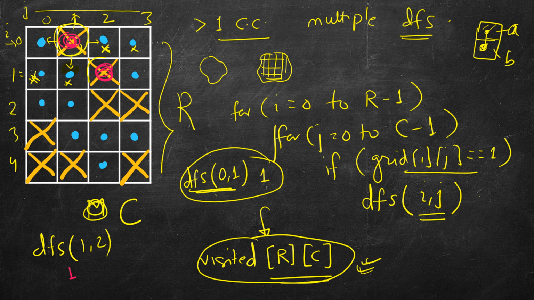So we start a DFS again from here. So 1 plus DFS of this value, which is 2, 2. Again top there is a neighbor but visited, left nothing, bottom nothing, right neighbor which is unvisited. So it will call DFS of this value 2, 3.